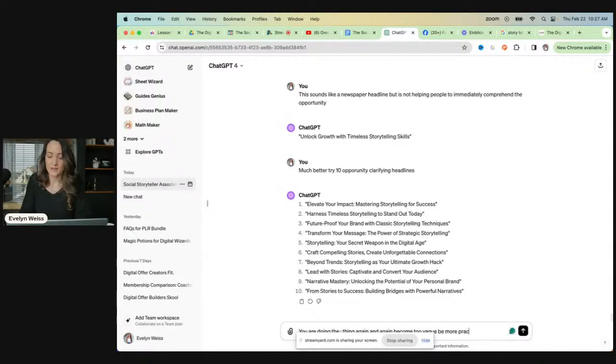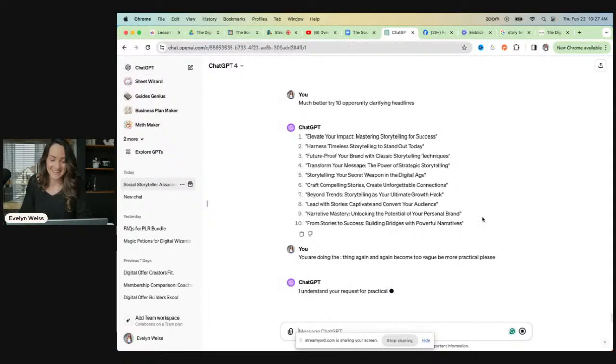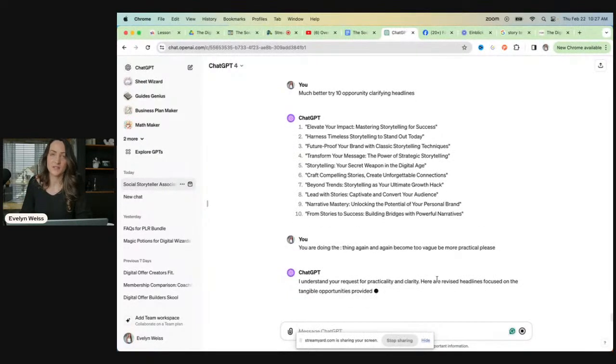Be more practical, please. You can see I'm spending quite a bit of time with every word on a page, and I'm fast, comparatively. But this also helps so much to clarify what the offer is about. So this is really important clarity work.